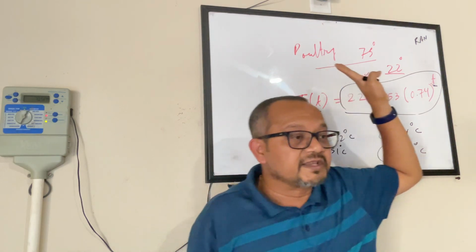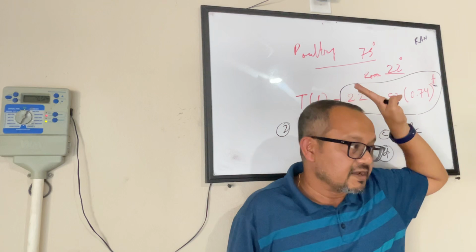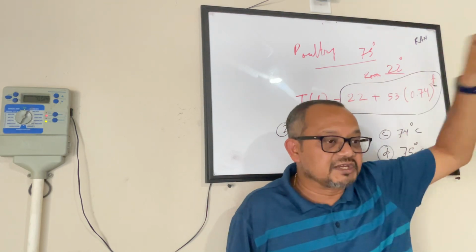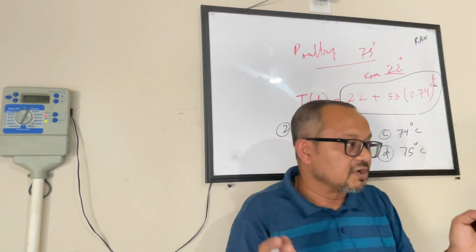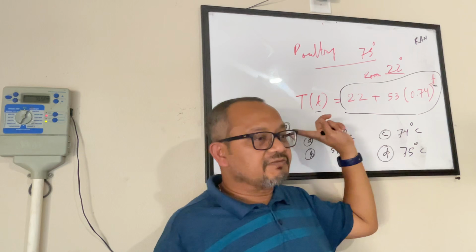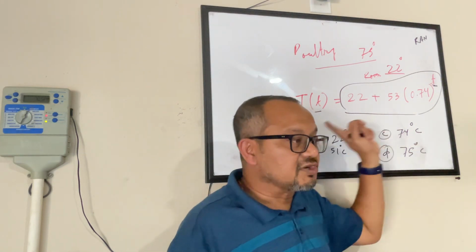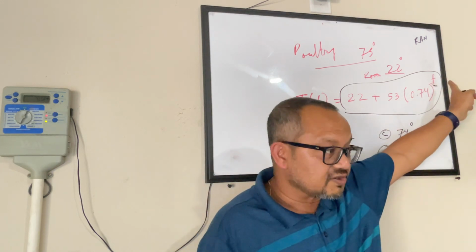This question says that the poultry is cooked at 75 degrees centigrade. Once you take the chicken out of the oven and keep it in the room, which is at this temperature, this equation tells you what will be the temperature of the thing after any number of hours.